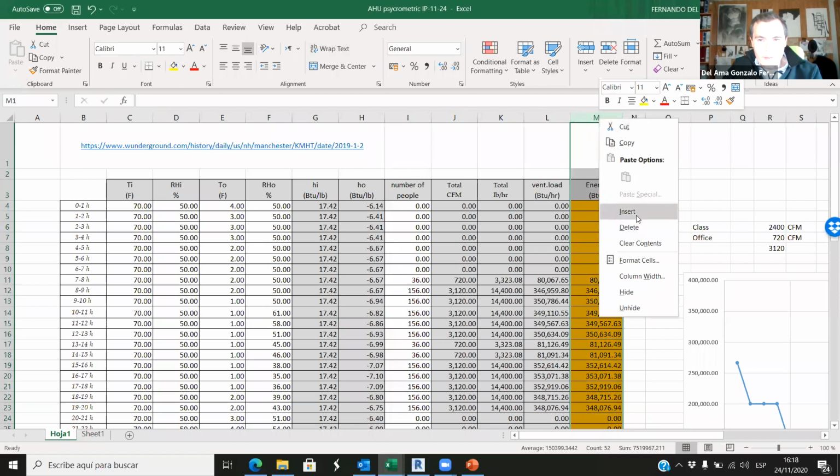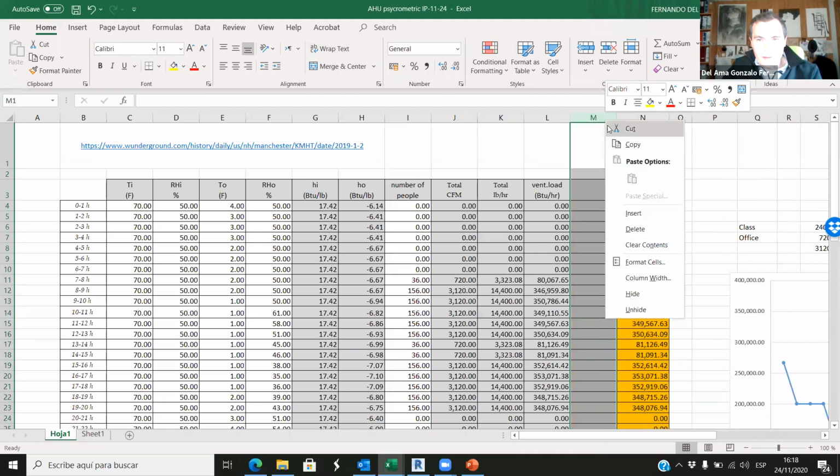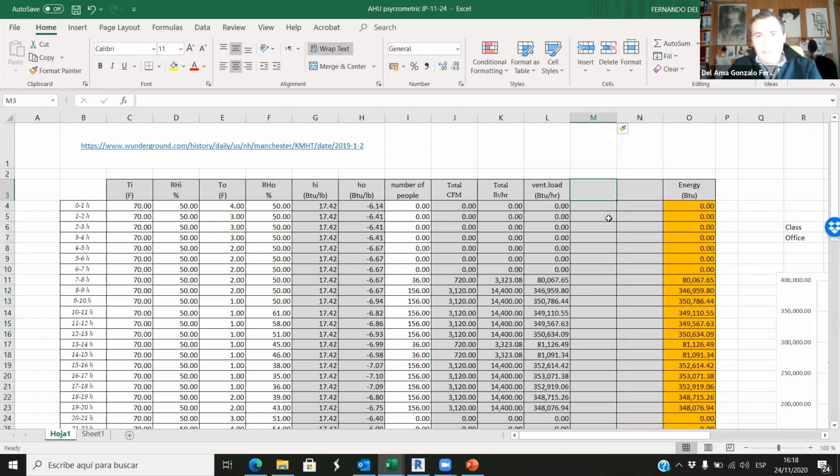So let's do this. We can insert a couple of columns here. And here we can type efficiency. And efficiency is a percentage. Okay, so here we can type 50, 20, whatever.